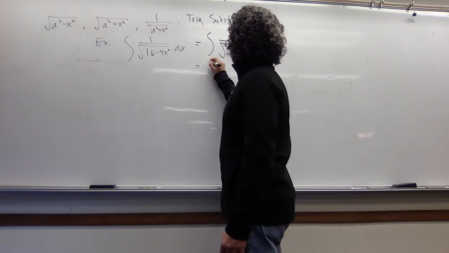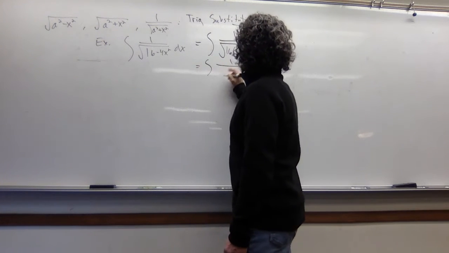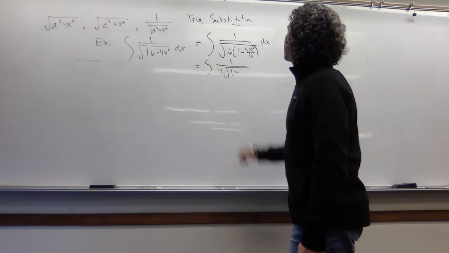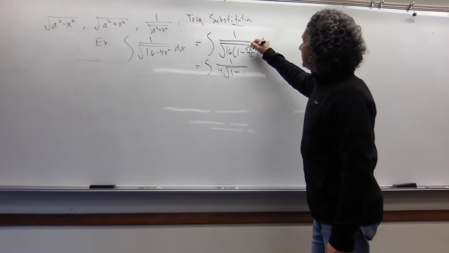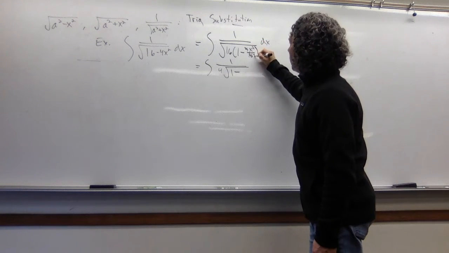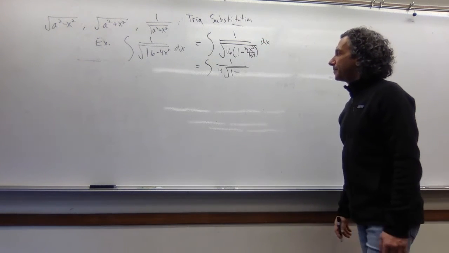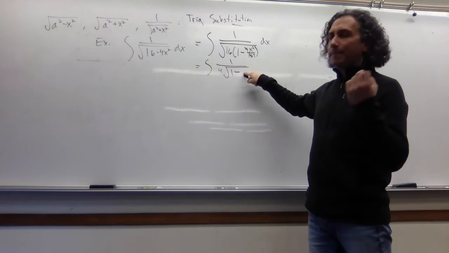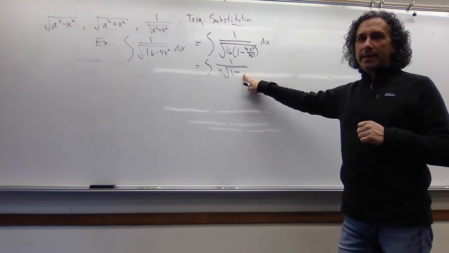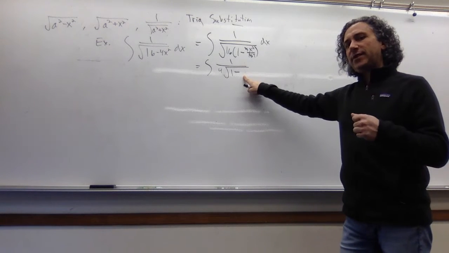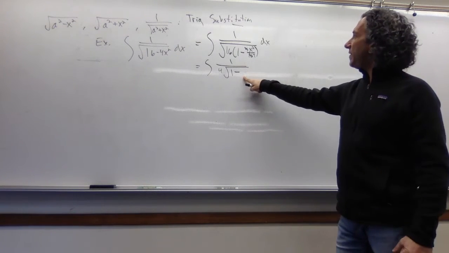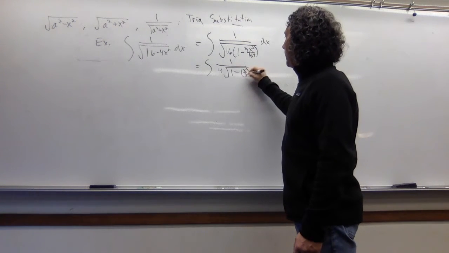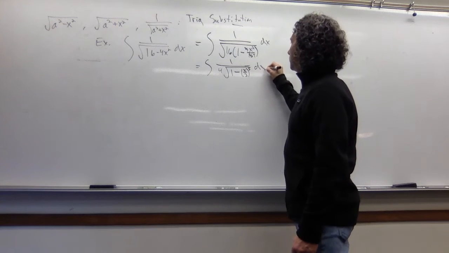So again, I'm going to clean it up. The square root of 16 is just 4, and this is the same thing as x squared over 4. So I want this to look like 1 minus blah squared, and then I'll let my blah equal sine of theta. What do I mean by that? If this is x squared over 4, then the thing that I'm squaring is x over 2.